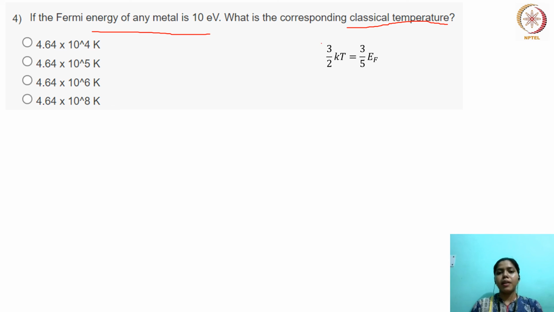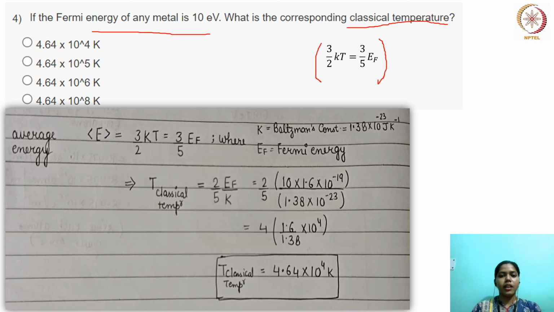This 3 by 2 kT is equal to 3 by 5 of EF. This 3 by 2 kT is nothing but the average energy, and it is equivalent to 3 by 5 of EF, where K is the Boltzmann constant with a value of 1.38 into 10 raised to power minus 23 joule per Kelvin, and EF is the Fermi energy.